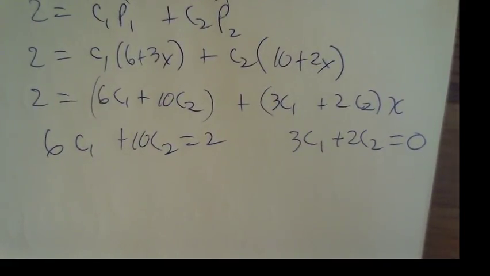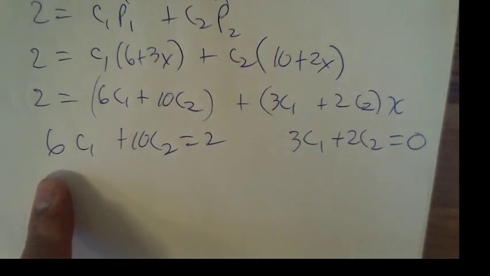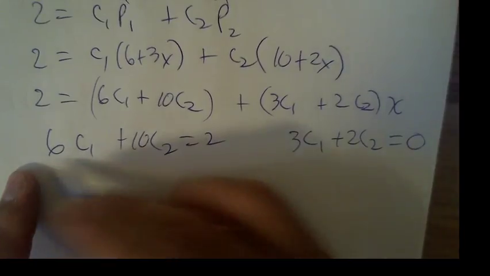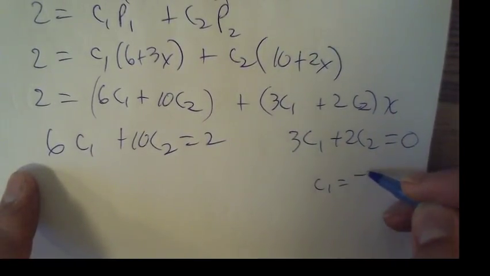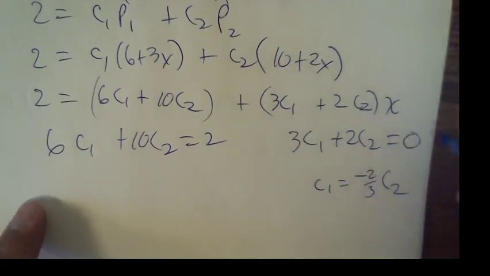Okay, and then here, let me simplify this. So C1 is equal to negative 2/3 C2.